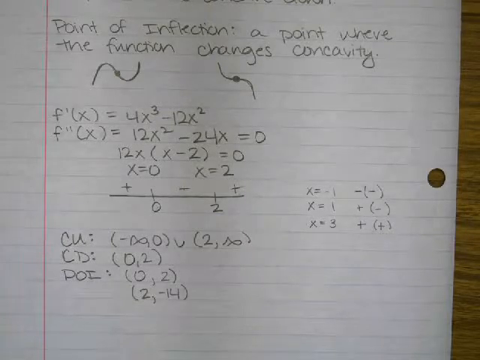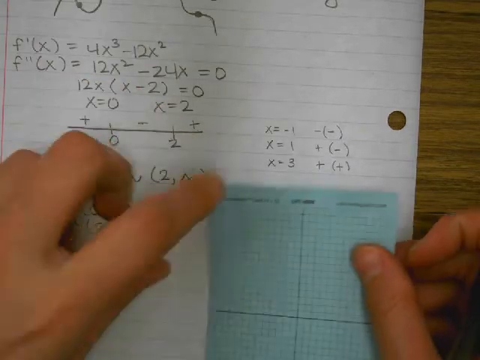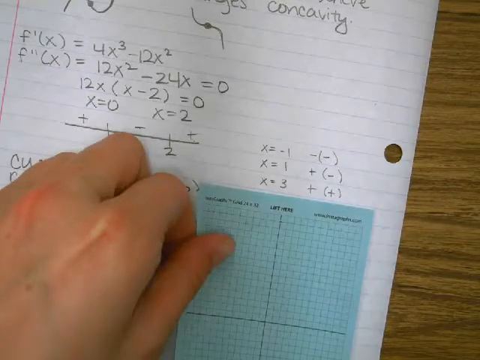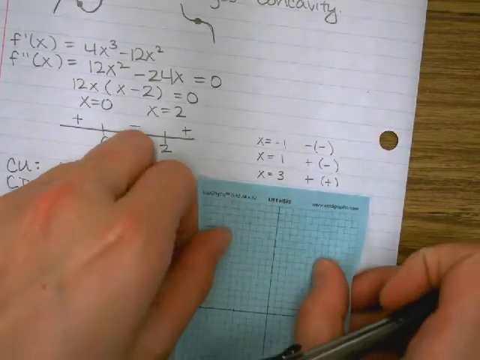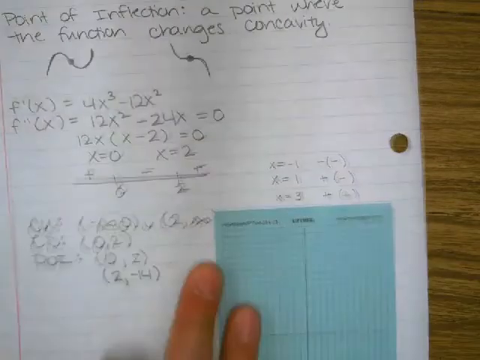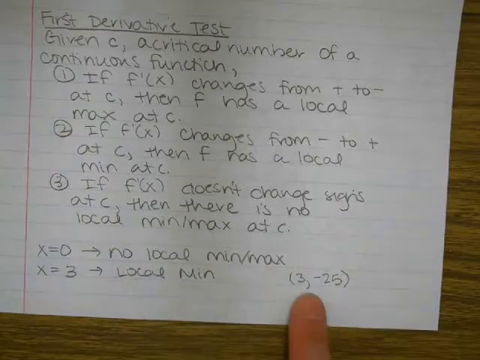All right, now at this point we do have enough information to actually sketch a graph for this. Go ahead and put my little graph on my notes. Okay, so we had some points over here. We had the point of a local minimum that was 3, -25.